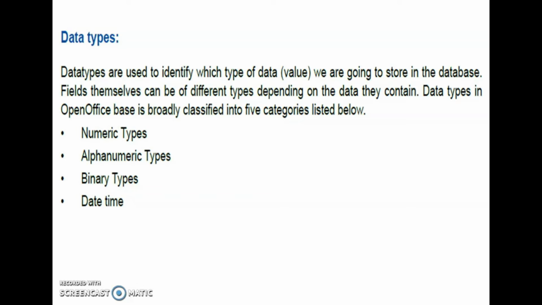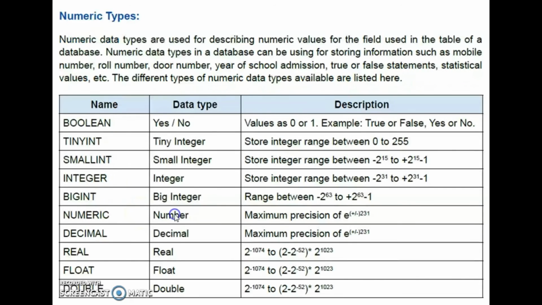Data types in OpenOffice Base are broadly classified into the following categories. First one, numeric types. Second one, alphanumeric types. Third one, binary types. Then fourth one, date and time.